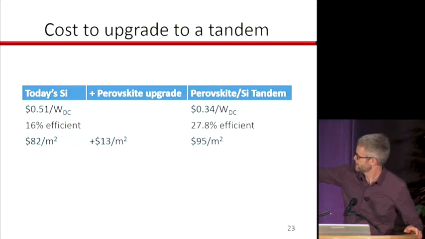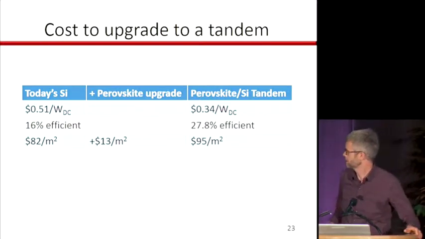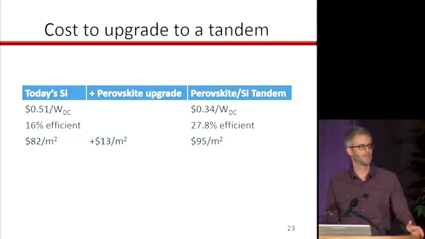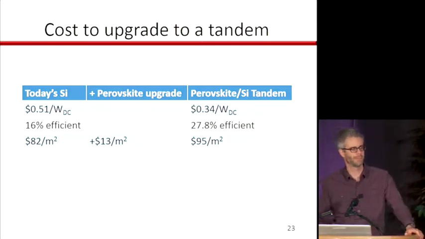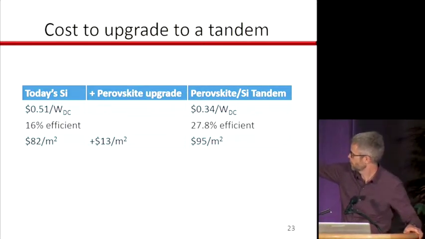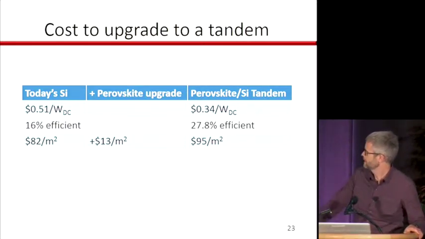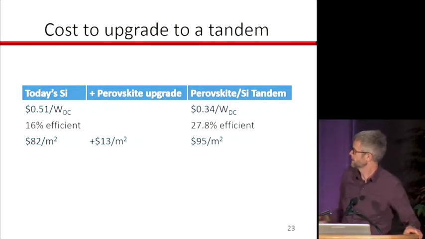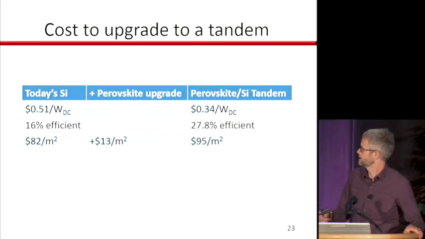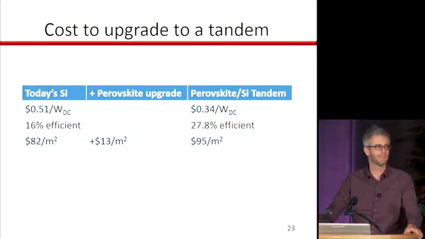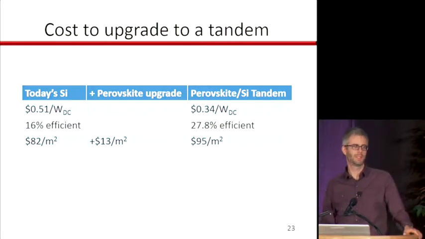Their 18% cell made a 16% module, so our 27% cell would probably be maybe a 24 or 25% module. But we would have numbers something like 0.34 to 0.38 dollars per watt. So we would have a net reduction, and then you would also see installation costs go down because of the higher efficiency. And again, that's just with multicrystalline silicon.